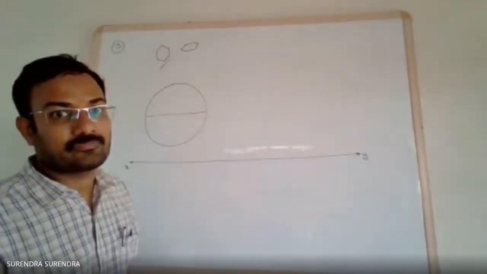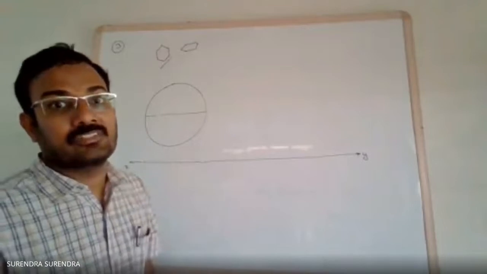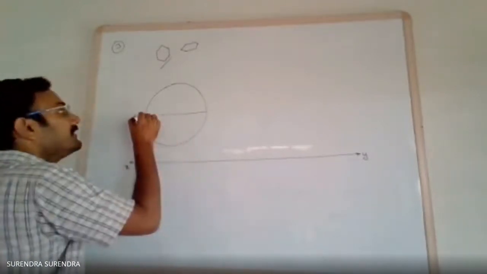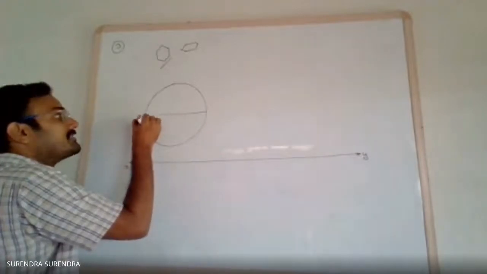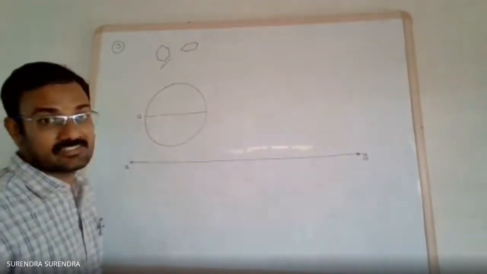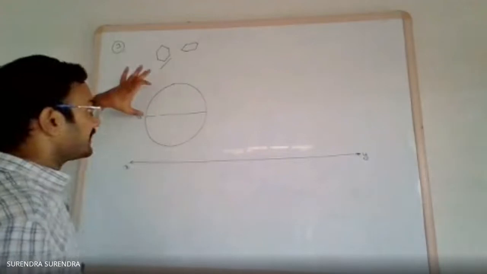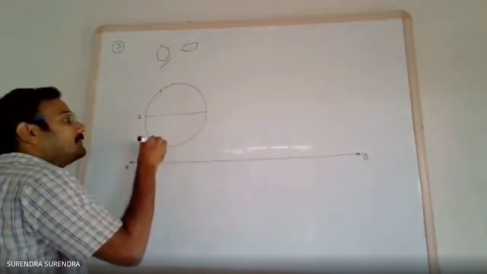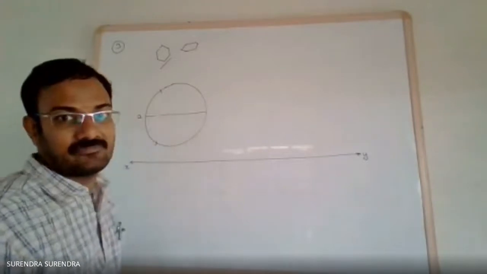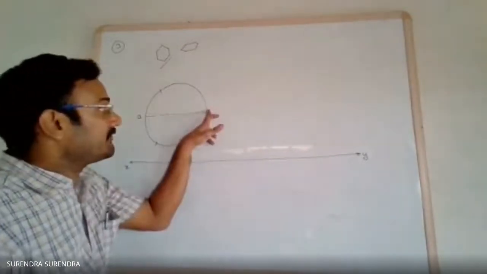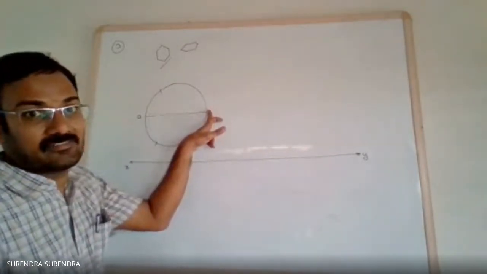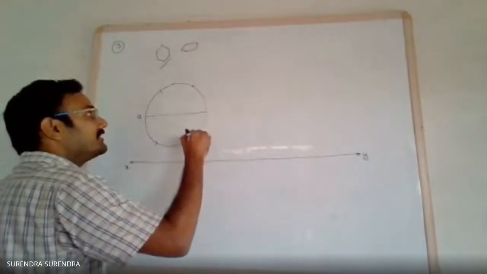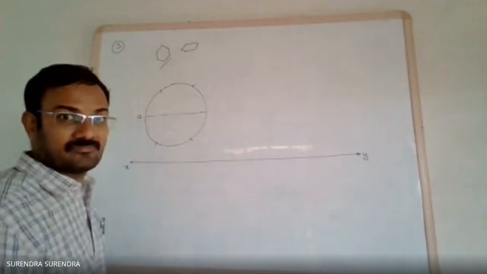Now, take the compass with 25 mm radius. With this diameter endpoint as center and 25 mm radius, draw an arc on both the sides of the circle. Similarly, with the other endpoint as center, draw arcs on both the sides of the circle.